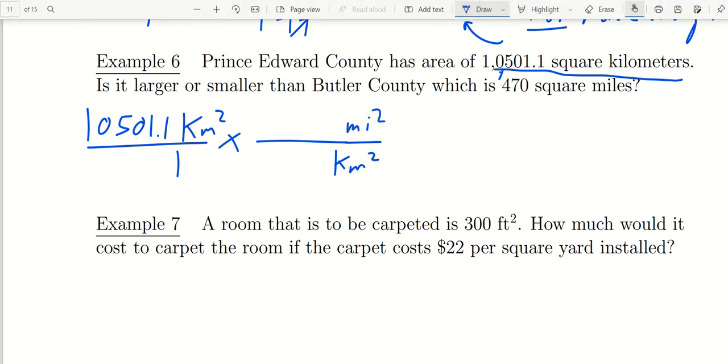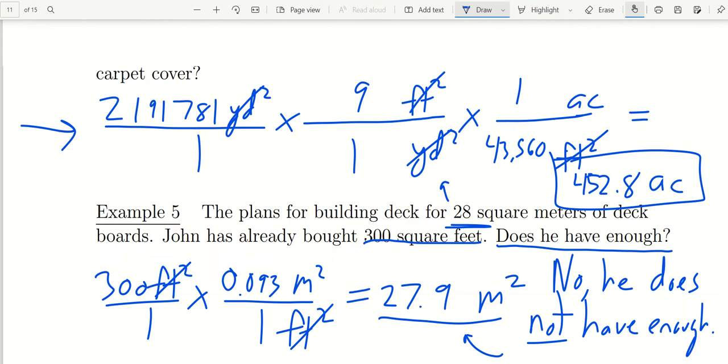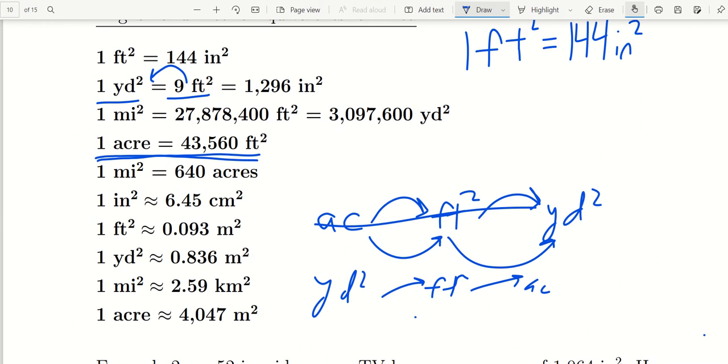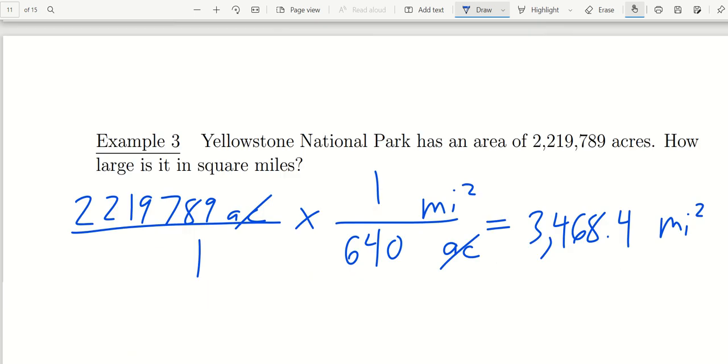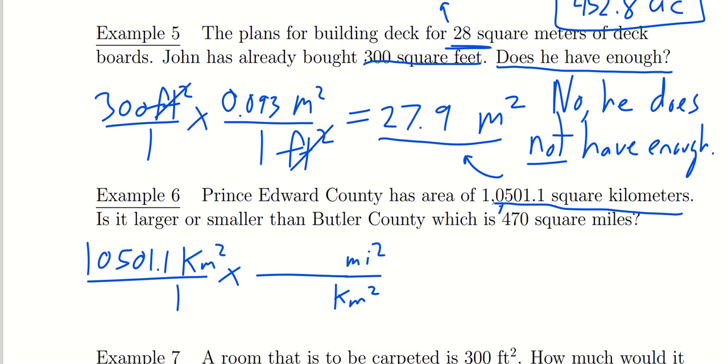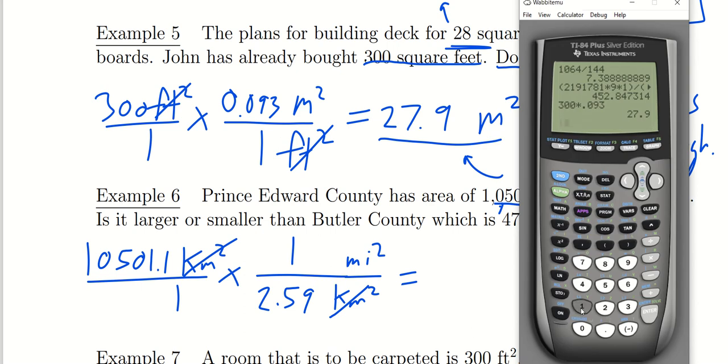Let's see if we can find a relationship. Yep, there's one right here. 1 square mile is approximately 2.59 kilometers squared. So 1 goes with the miles, 2.59 goes with the kilometers squared. Cancel, cancel. And now we simply go ahead and divide.